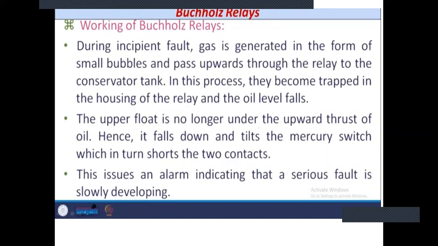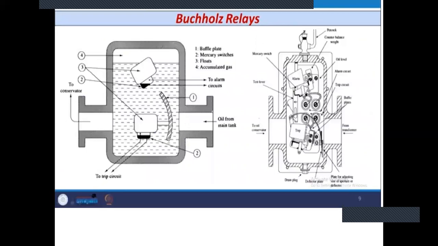If I consider this diagram, how many floats are there? Two floats are provided. This one, denoted as number 3, is the upper float, and the second one is the lower float.